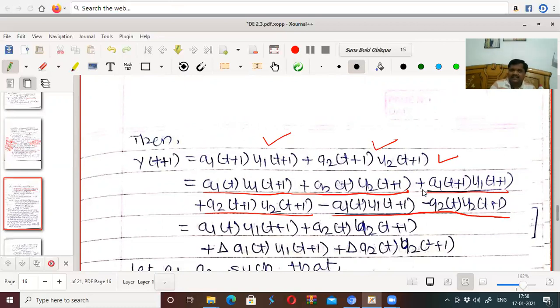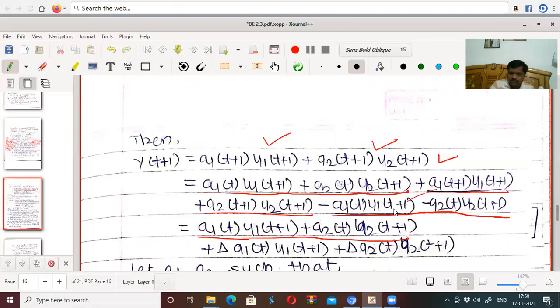So this is only rearrangement. Why did we make this rearrangement? Now I will keep as it is this one, a1(t) u1(t+1) + a2(t) u2(t+1), the first two terms as they are. Now we will convert these four terms into two terms. First of all, the third one and the fifth one: a1(t+1) u1(t+1) minus a1(t) u1(t+1).